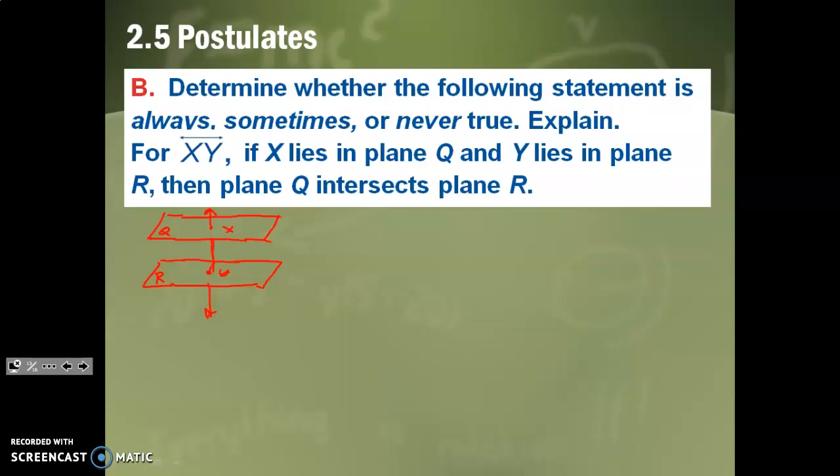Oops, I missed my point. There we go. Here these two planes would be parallel to each other and they would never intersect. So this would be a counterexample. Could they intersect? Yes. But do they always? No. So that's why this is going to be a sometimes answer.